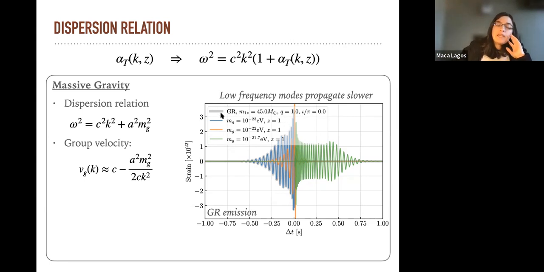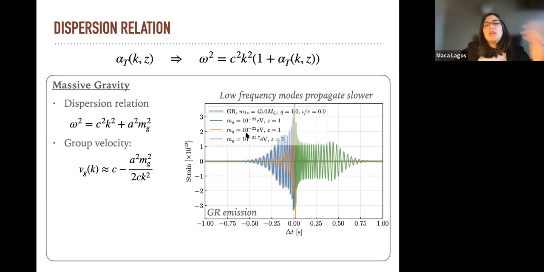In gray, which is pretty much on top of blue, we show what you would see in GR. And blue is what you would see if we did have a modified dispersion relation with a mass of the order of 10 to the minus 23 electron volt, and the source was located at redshift 1. And by eye, it's difficult to see any difference. They both look pretty much the same.